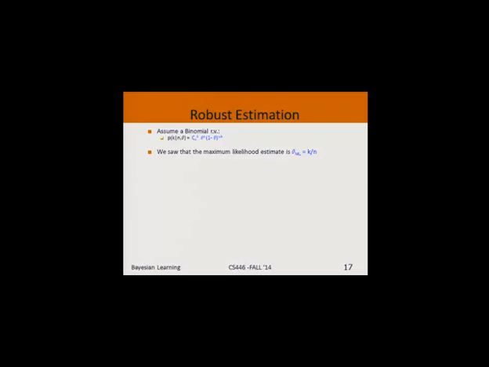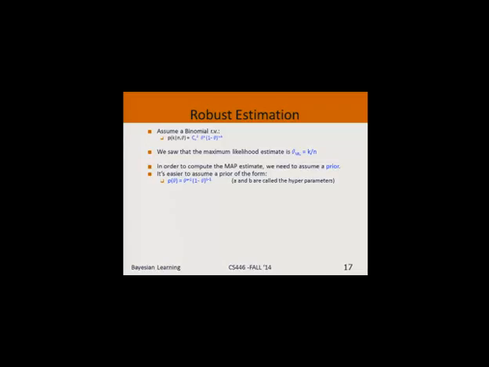We figured out that it's k over n, right? So the number of heads divided by the sum of these two. The coefficient is n choose k. Now, this is the probability. Really, for the likelihood, it doesn't matter. The n choose k is a constant. It doesn't matter for the likelihood, but just for completeness, it's here.